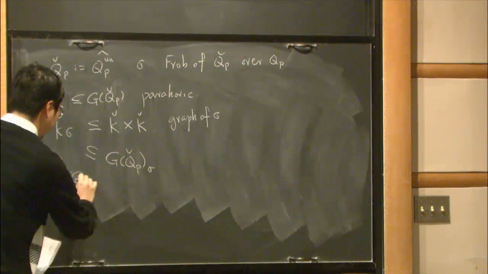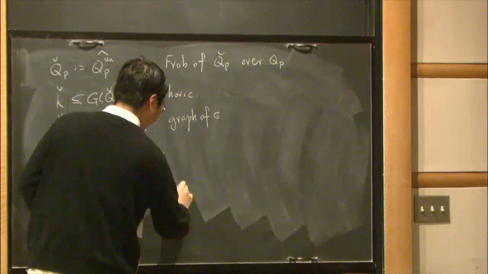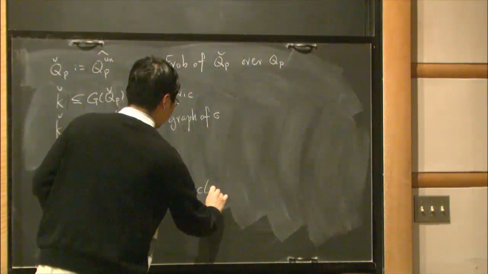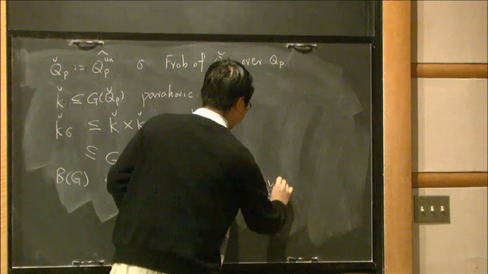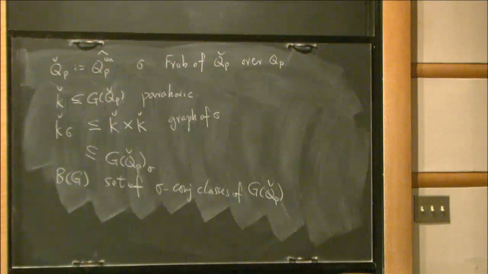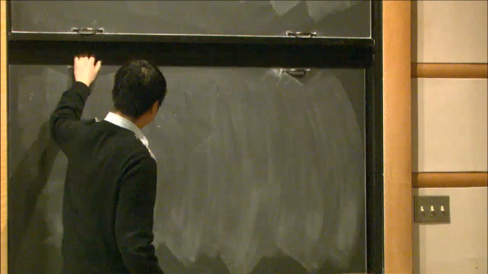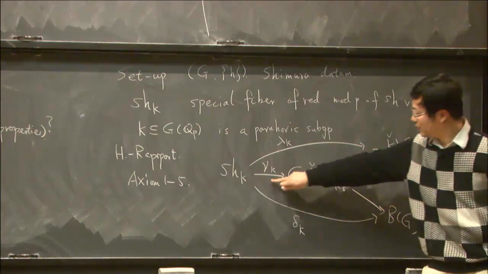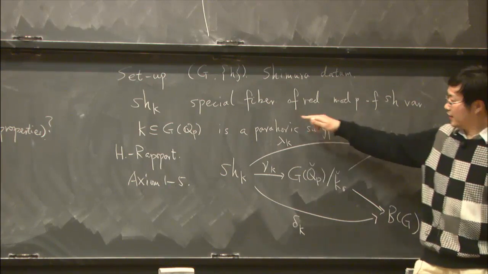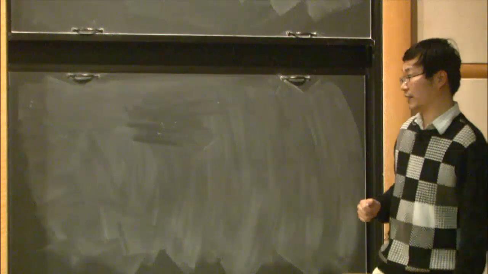So B(G) is just the set of Frobenius-twisted conjugacy classes of this group. In fact, these two maps have been used quite a lot in the study of the various stratifications of the Shimura varieties. So let's first look at this map.